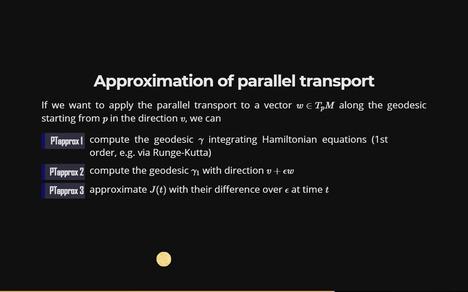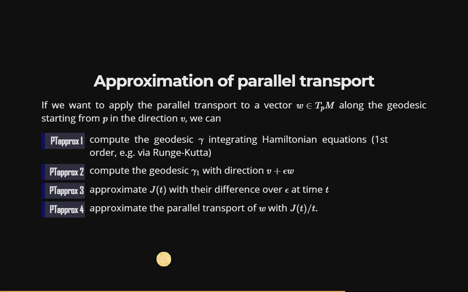And we approximate J(t) with their difference over epsilon at time t. Why? Because this is exactly the approximate version of the differential of the exponential map. So we are approximating J(t) as a differential of the exponential map. And then we approximate the parallel transport of w with J(t) over t.